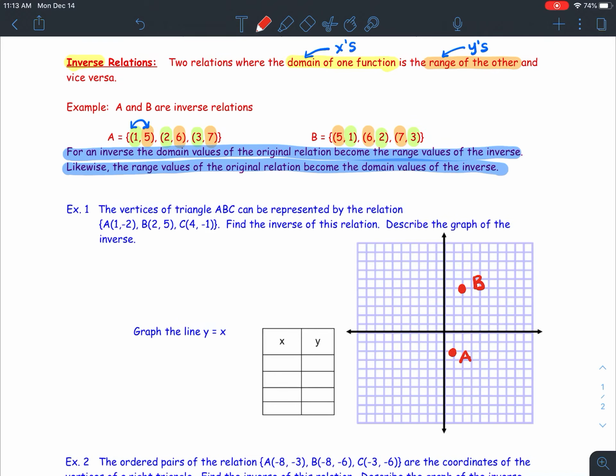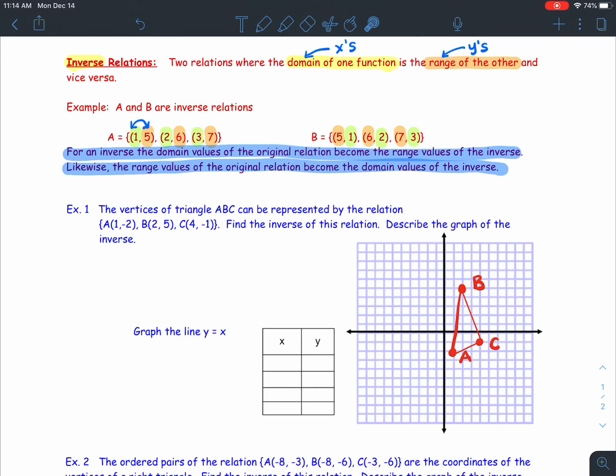Sorry. Positive 4, negative 1. That would be right here. Okay, so we're just going to connect those dots together to get our triangle ABC.